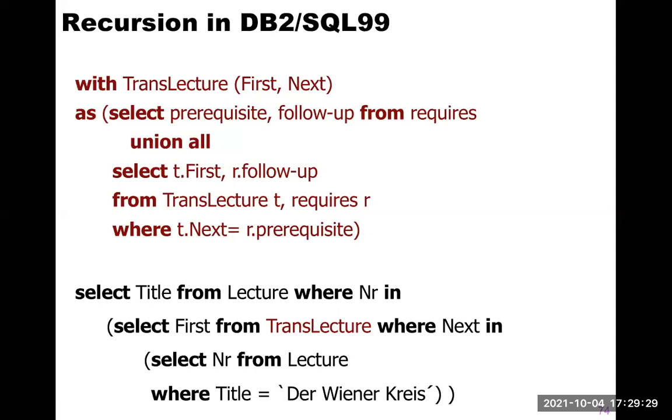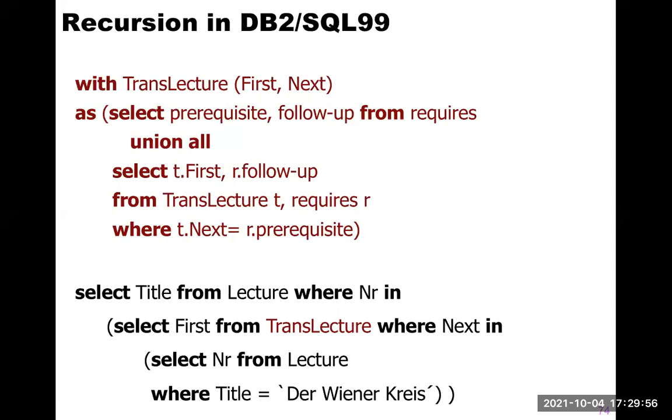And if at some moment that selection finds nothing new, we come to an edge, to the end. So no requires record can be found such that we may make a next step. So if selection returns nothing new, we can stop. No new records will be added.